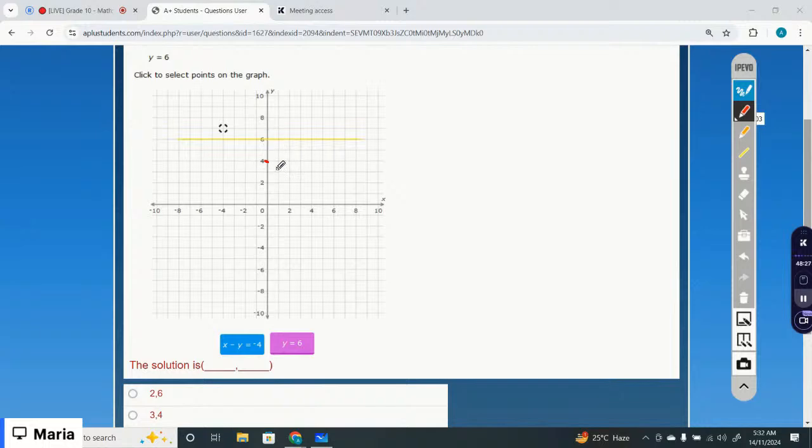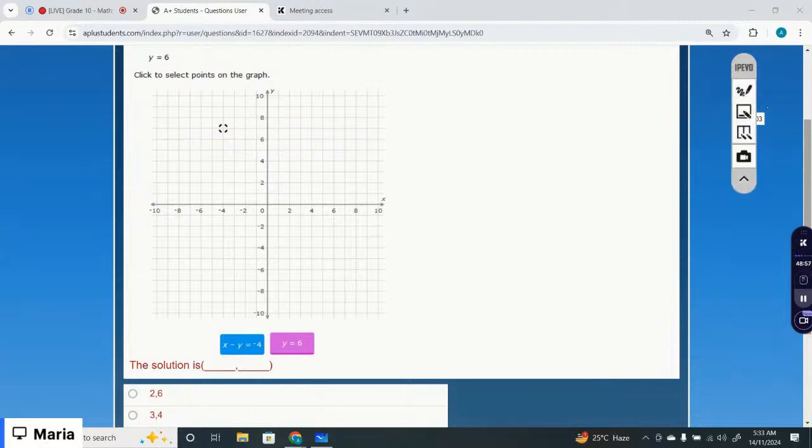X is 1, y is 3. X is -1, y is 5. It would be -2 and 6, not 2 and 6. The solution is -2 and 6. Because it is -2, x must be -2 and y 6. You don't have any point of intersection this side. It would be here. That is -2 and 6.